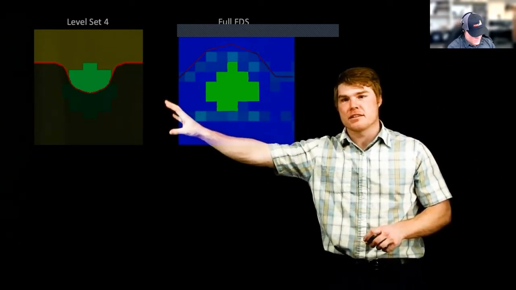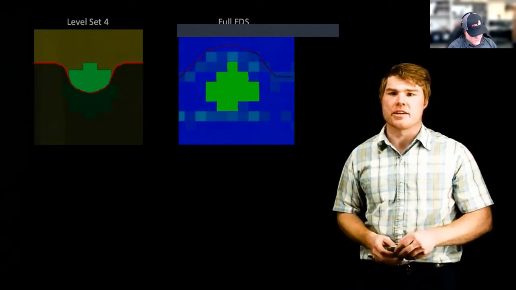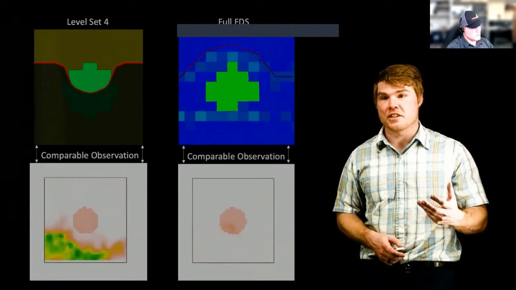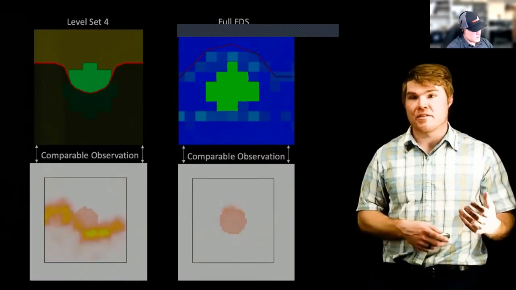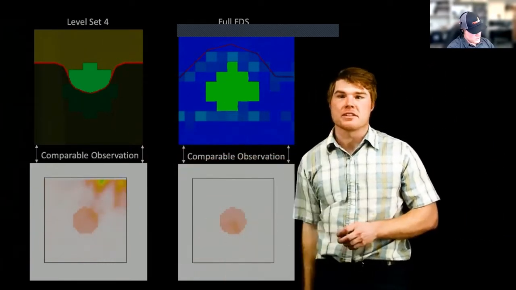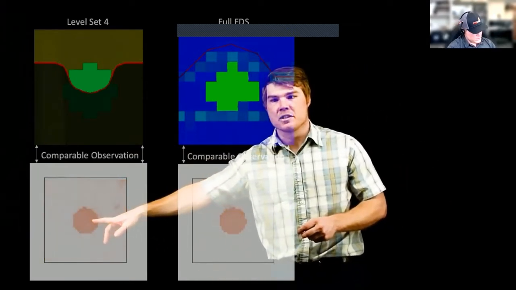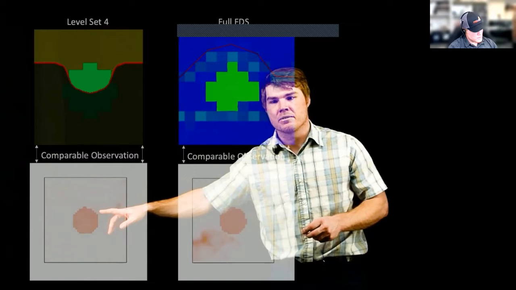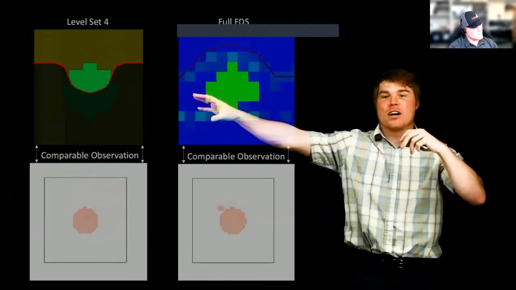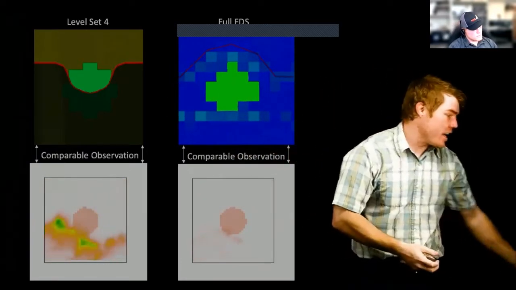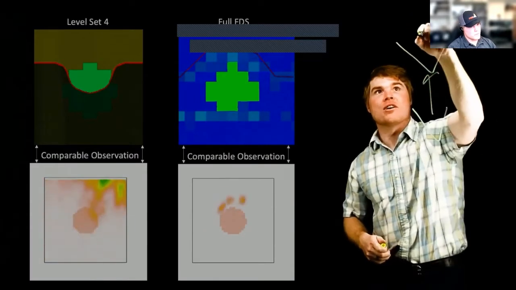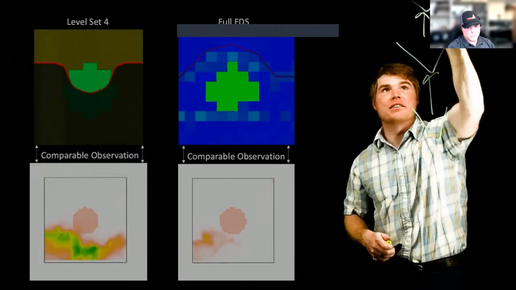The level set is pretty basic as far as what it's trying to do with rate of spread, but not necessarily wrong, because we can find comparable observations within these 35 plots that, at least at some time step and scale, match what we're seeing in the models. This one, of course, is moving really fast, but you do get a nice chevron that develops. The model doesn't handle what happens afterwards at all. In this model, that chevron develops and then it just stays the whole way, all the way to the end of the domain. It looks the same.